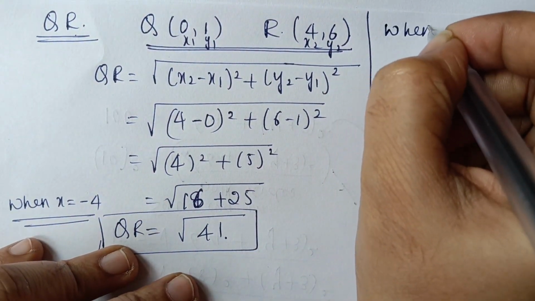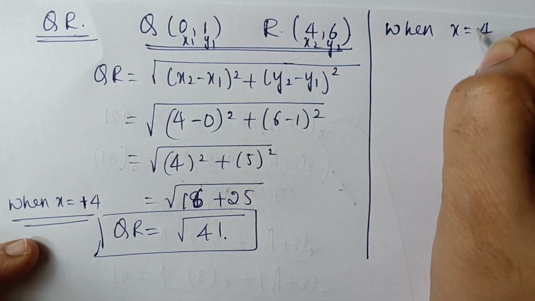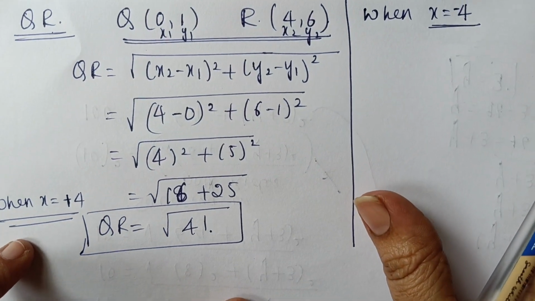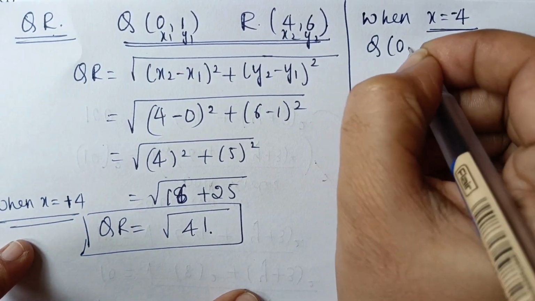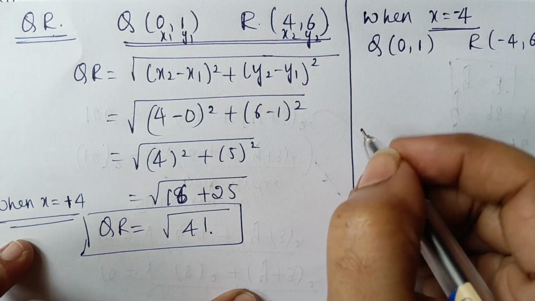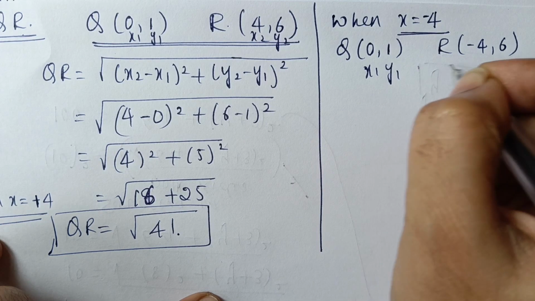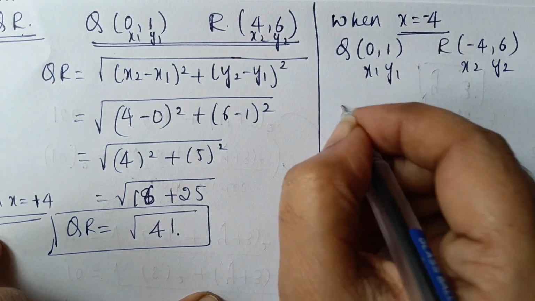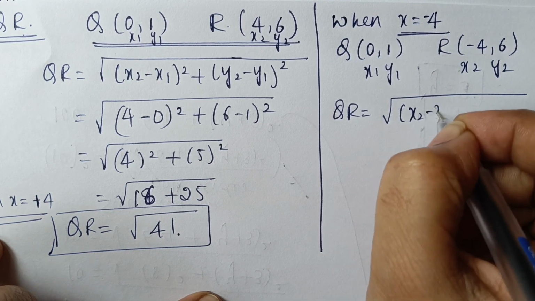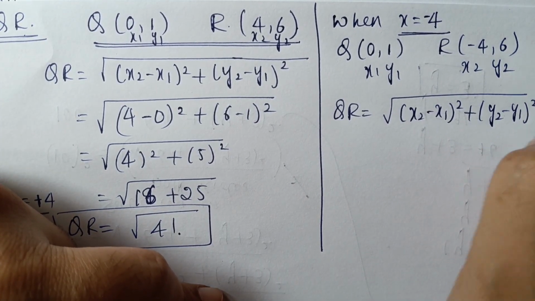Sorry, that was for plus 4, now minus 4, x is equal to minus 4. Now take Q 0, 1 and R is minus 4, 6. Okay, so this is x1 y1, this is x2 y2. QR is equal to square root of (x2 minus x1) whole square plus (y2 minus y1) whole square.